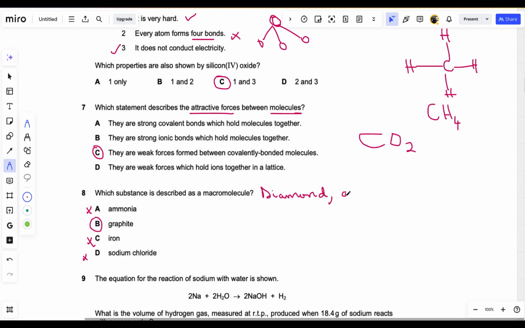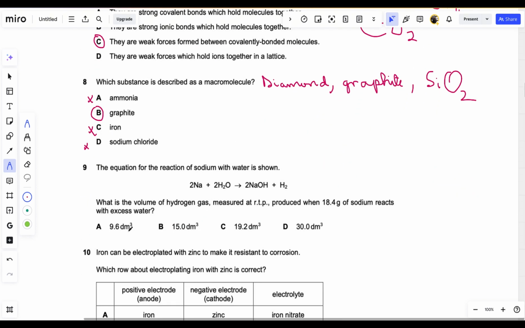Remember, graphite and diamond are allotropes of carbon. That means types of carbon. So these are macromolecules. Any of these, if mentioned, becomes the answer. Is that okay?